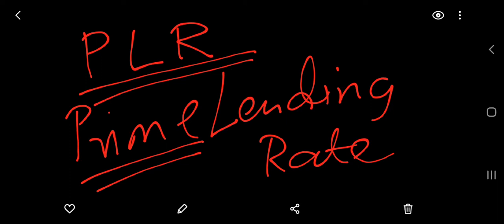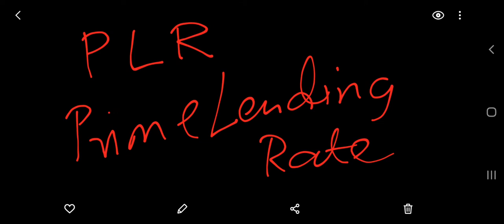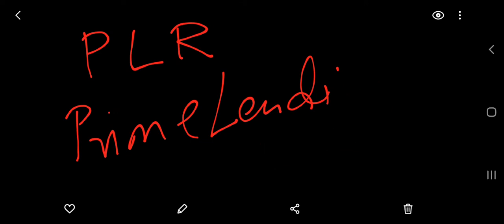Now what is this prime lending rate? How did it work? Suppose there is one person, let's say person A. Person A has 1 crore, and there is another person B who has, let's say, 10 lakhs.